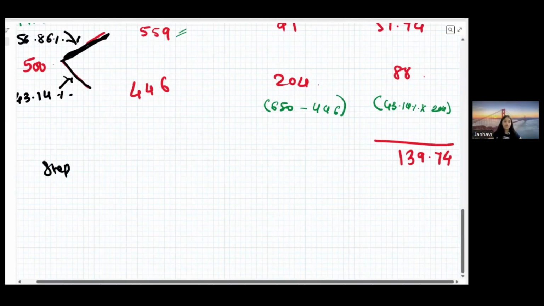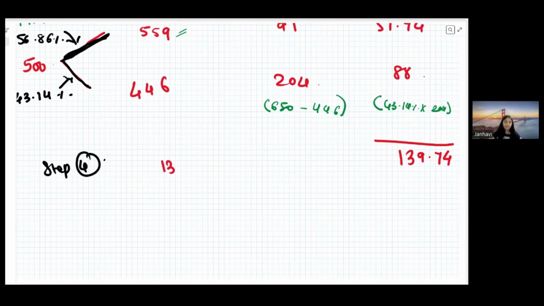So our step 4 is 139.74 into 1 divided by 1 plus our risk-free rate raised to 3 by 12. We need to solve this.